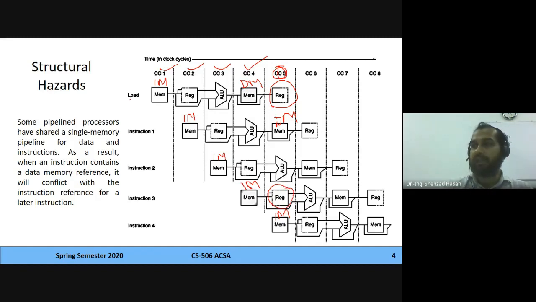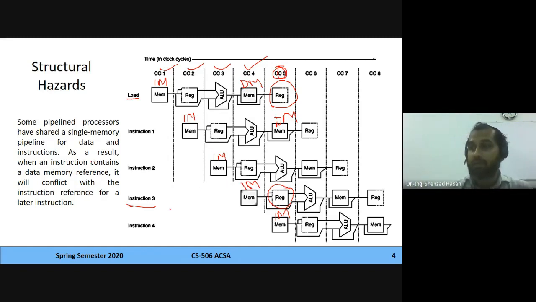One is for writing the result of load into the particular register, and for instruction number 3, again instruction number 3 is going to read the registers. Okay, so again a hardware conflict, a hardware resource that is common and in the same cycle.